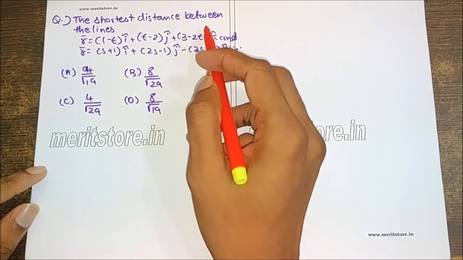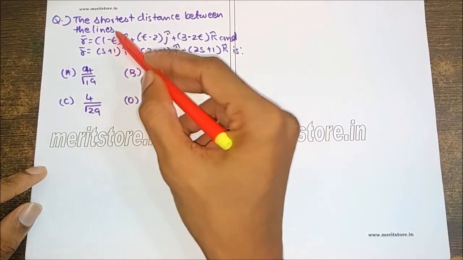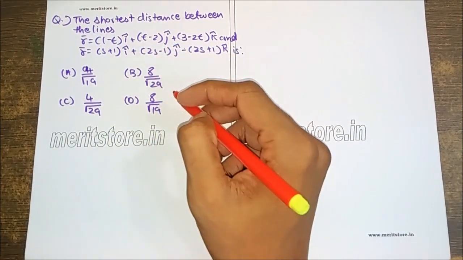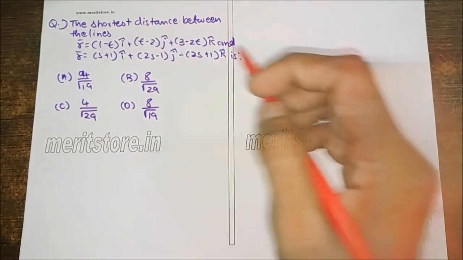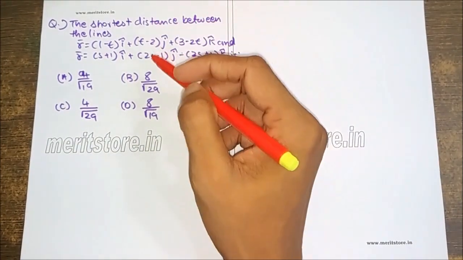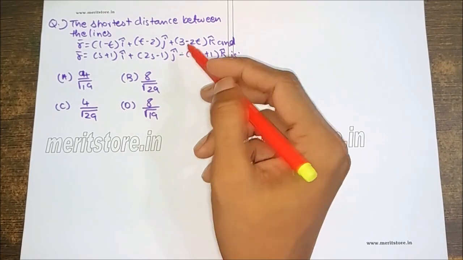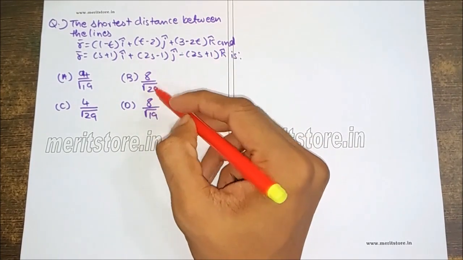The shortest distance between the lines as given below here. We are given four options.